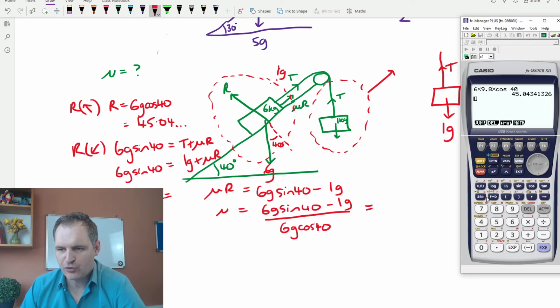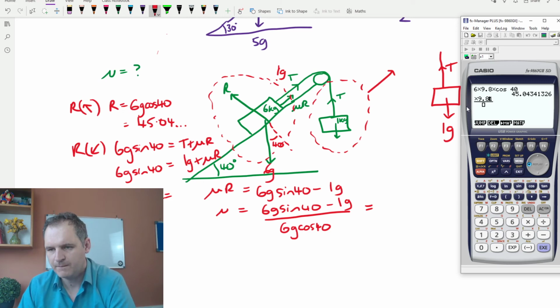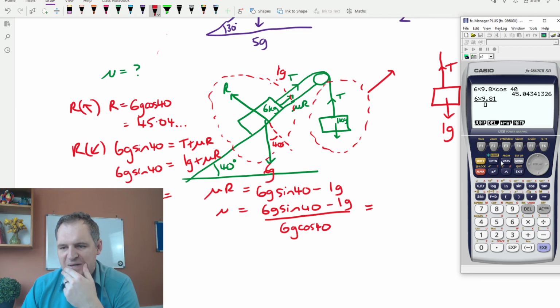screen. So we've got 6 times, we'll open a bracket here. And we've got, open bracket, 6 times 9.81 times sine 40 minus 9.81.